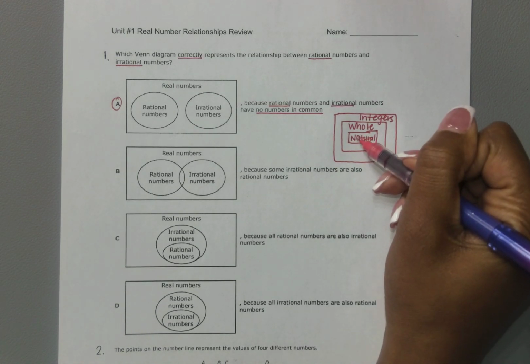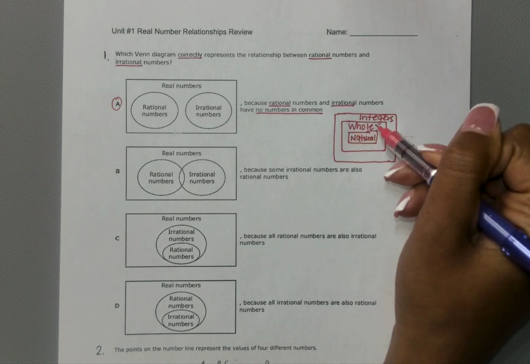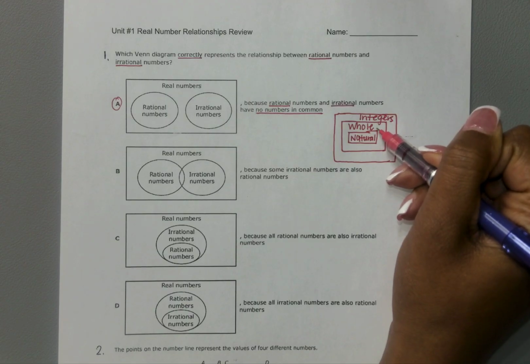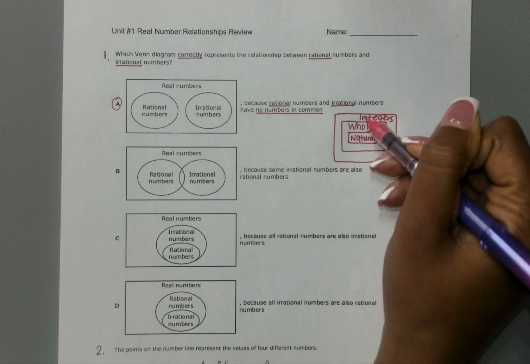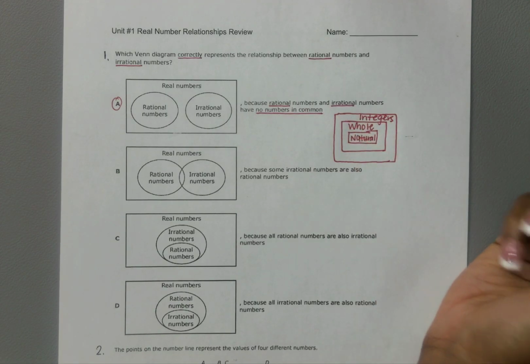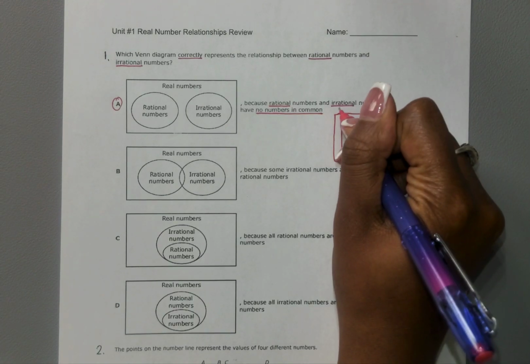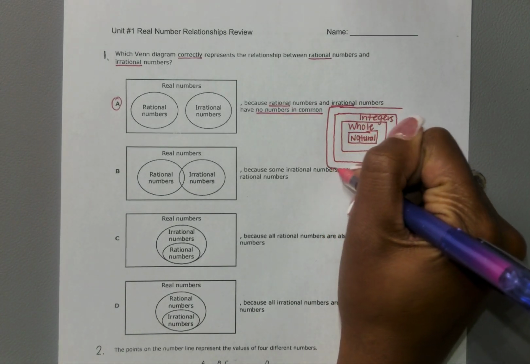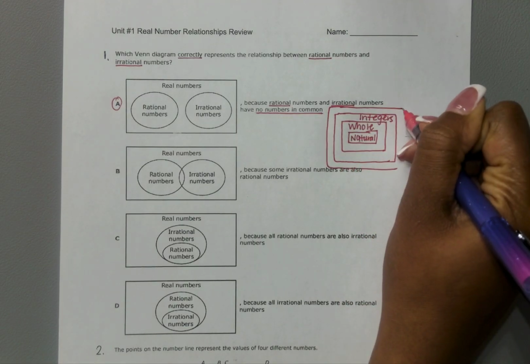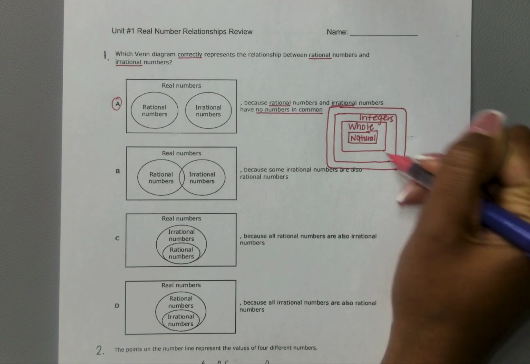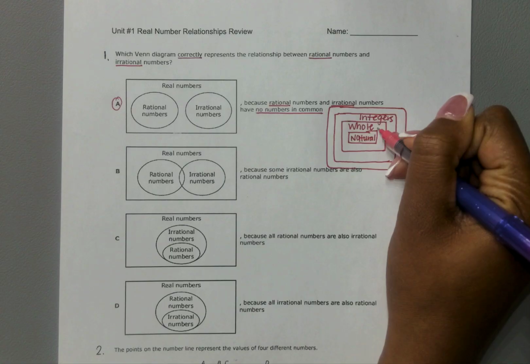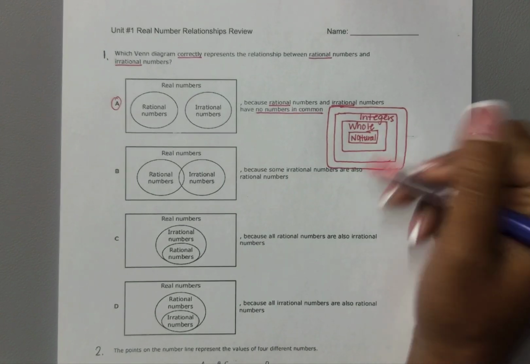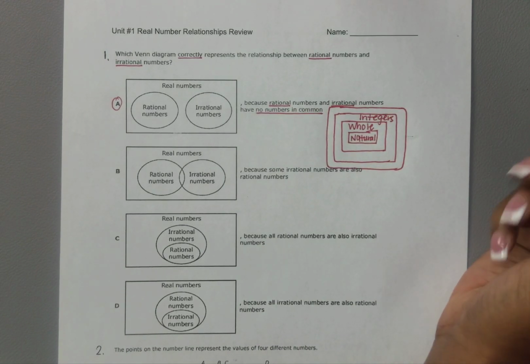So while we have 1, 2, 3, and then we have the 0 from the whole numbers, we also have negative 1, negative 2, negative 3, and so on. And after integers, we then have rational numbers because rational numbers includes all of the natural, all of the whole, and all of the integer numbers because they can all be written as a fraction.